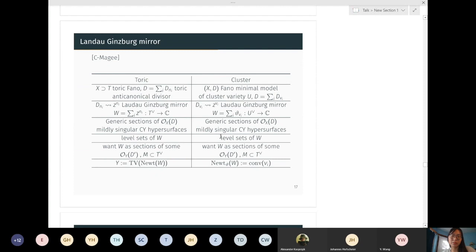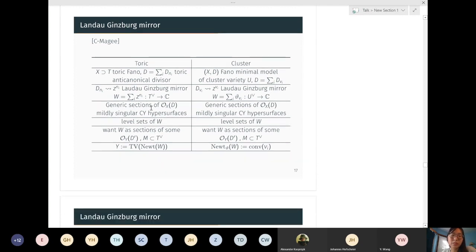We just want something in the mirror, and then in this historical construction, what we are doing is we look at the Newton polytope of this potential, and we consider the toric variety associated to it, and we claim this is what we have for the mirror. And similarly, we want to construct this Newton polytope, but now with respect to the theta functions of this potential, and this one is the same condition.